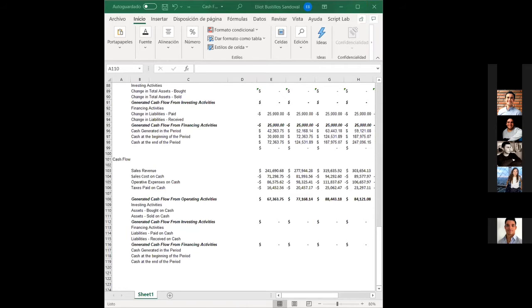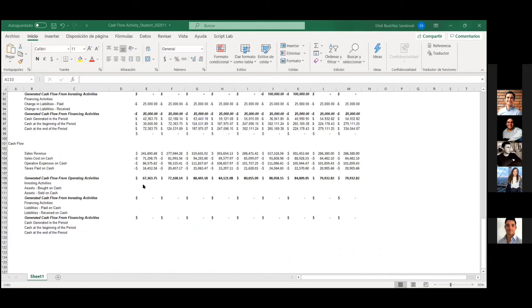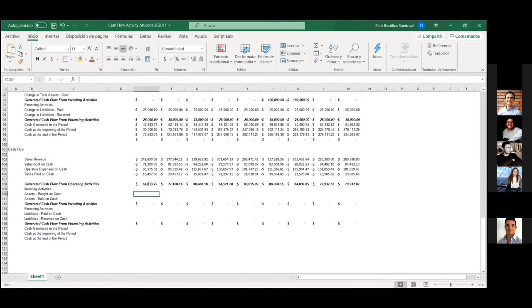So, show us. How would you find the investment? The investment on assets or the sale of assets. Okay, these two. Well, assets bought on cash.